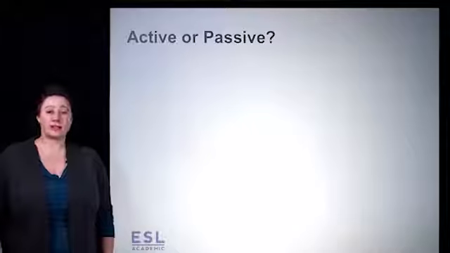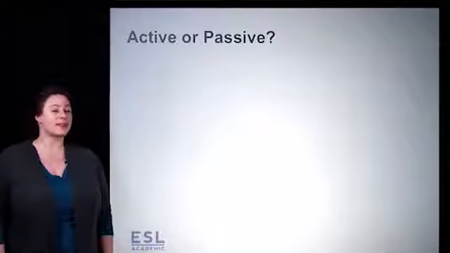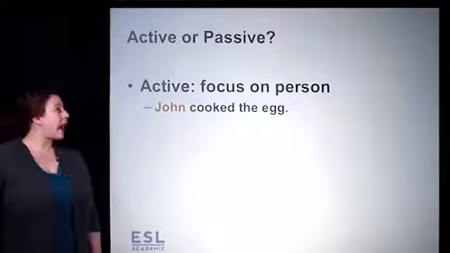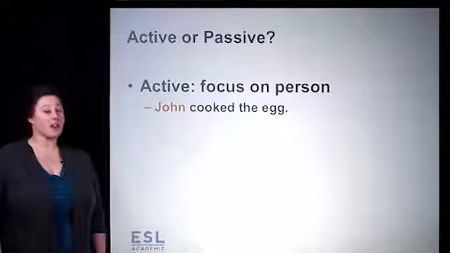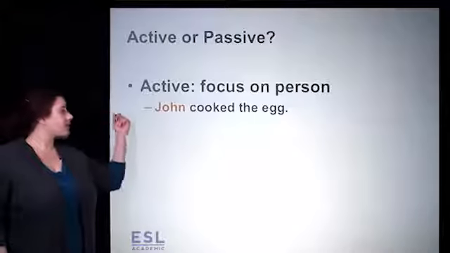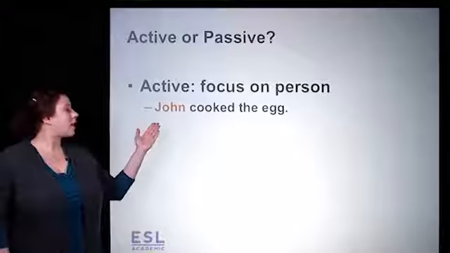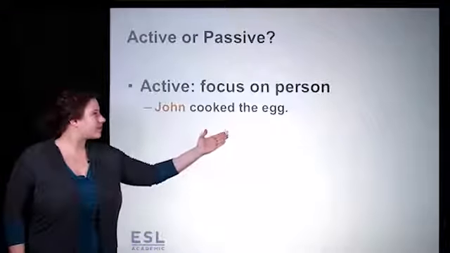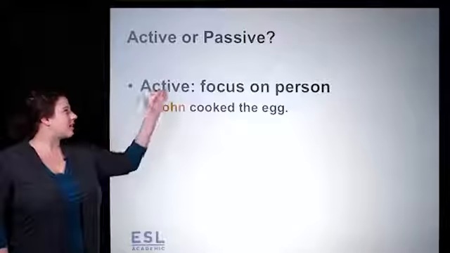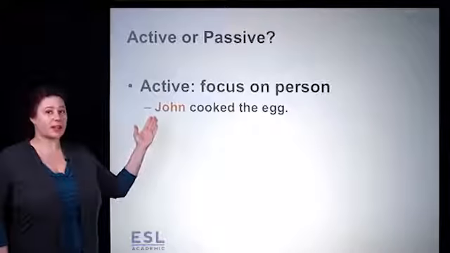How to tell if a sentence is active or passive. An active sentence focuses on the person. In this case, it's John. John cooked the egg. John is the focus and the subject of our sentence.